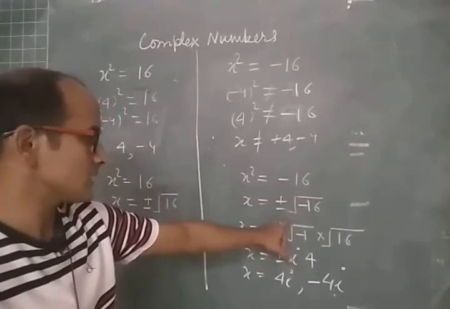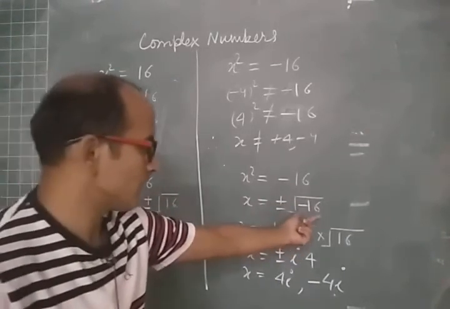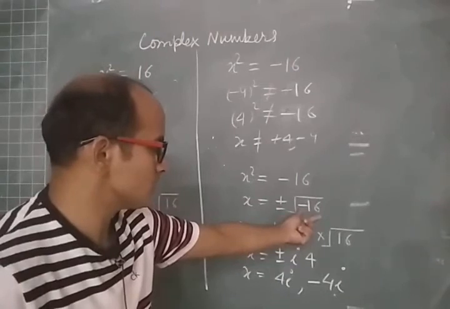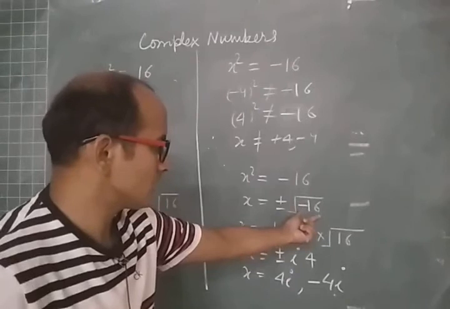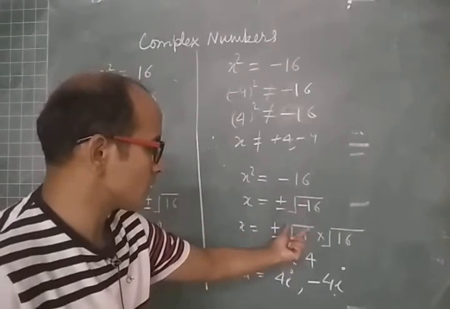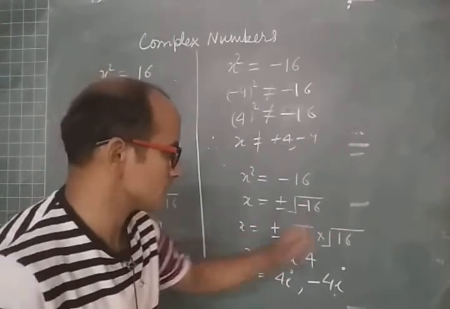Now, how will you solve this? You will break minus 16 as minus 1 into 16, and then break that into square root of minus 1 into square root of 16.